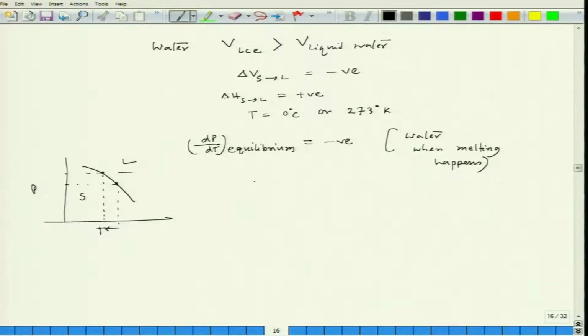What does it mean? Let us say you have two ice blocks, and then you press them, and you are keeping it at 0 degree Celsius.